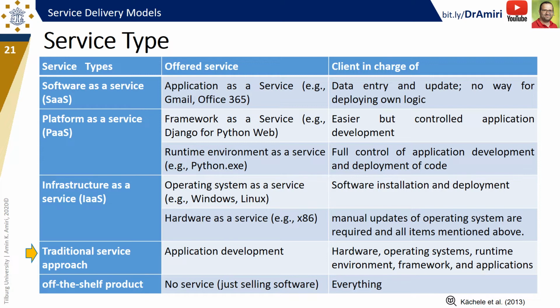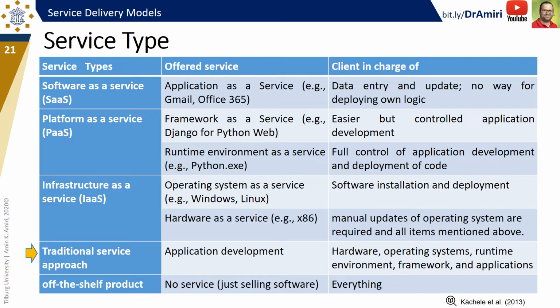The traditional approach, however, was to ask for application development, and the client was in charge of hardware, operating system, and everything else. So you would just receive a source code and some executable files, and you were in charge of everything else.